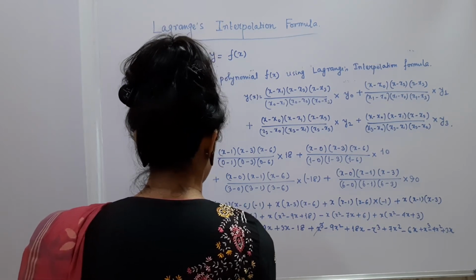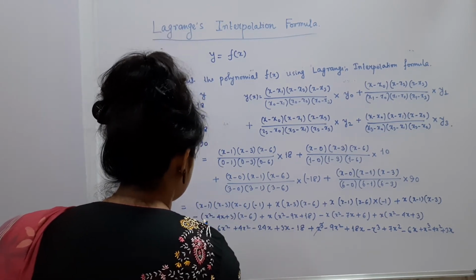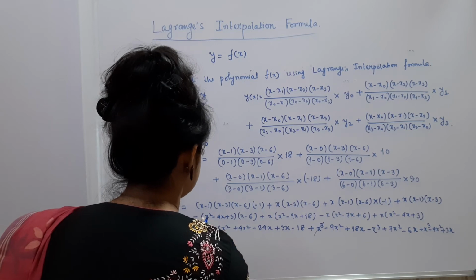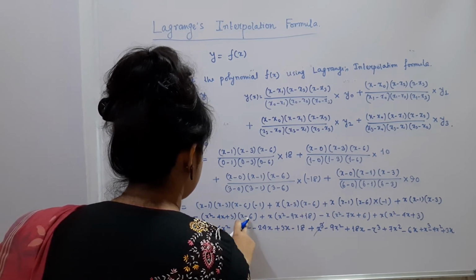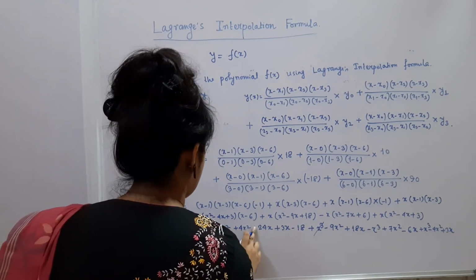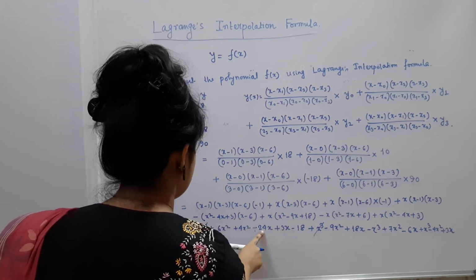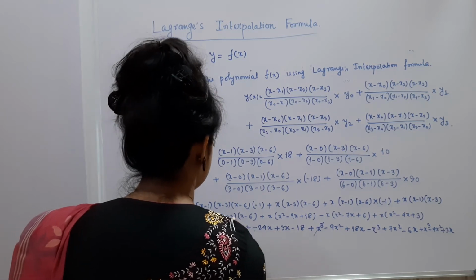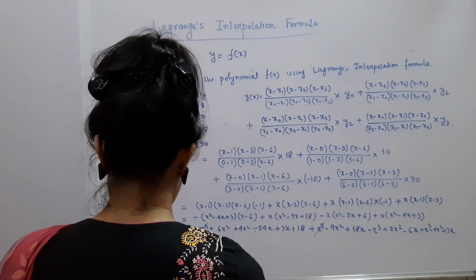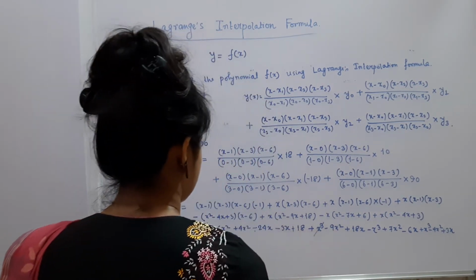So x cube minus x cube, plus 6x square, and here plus 4x square, minus 24x plus 3x, minus 18 plus 18, and this will be minus 3x.